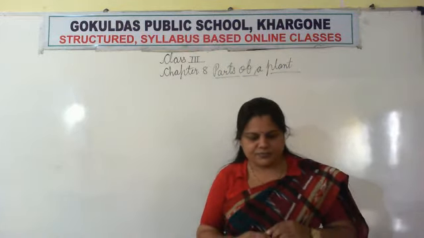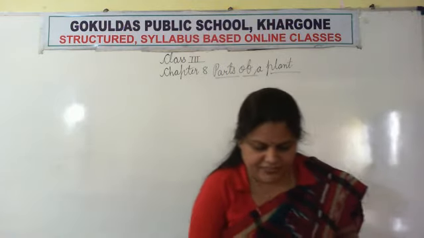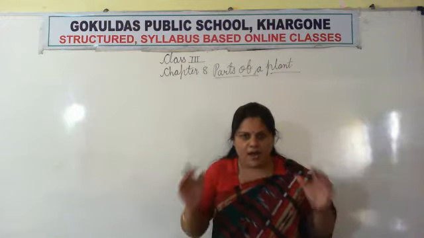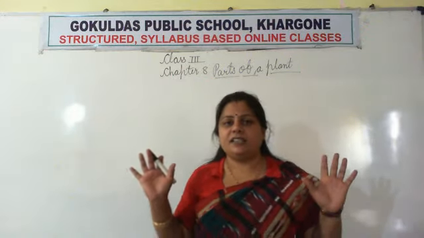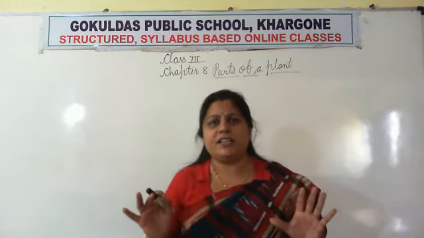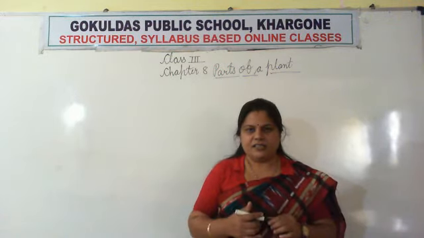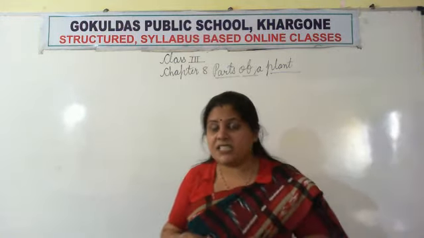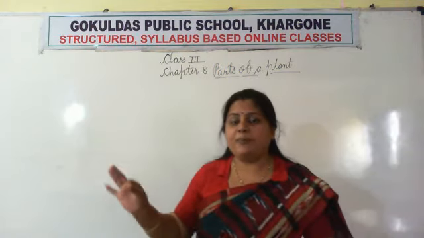Have you ever thought why is the leaf so important to a plant? What are the functions? The main function of a leaf is to make the food for the plant.